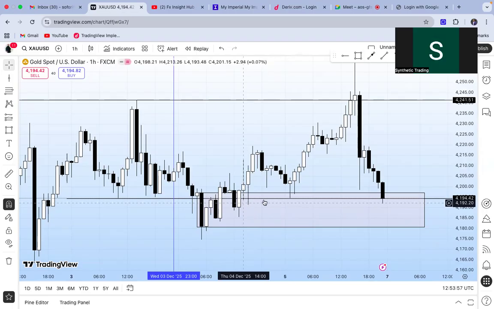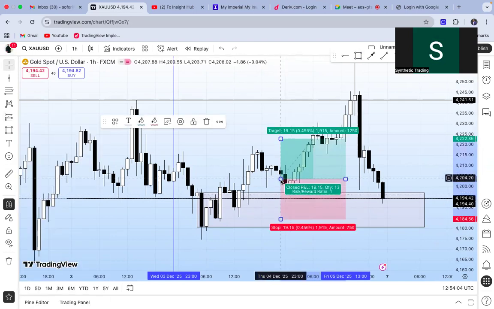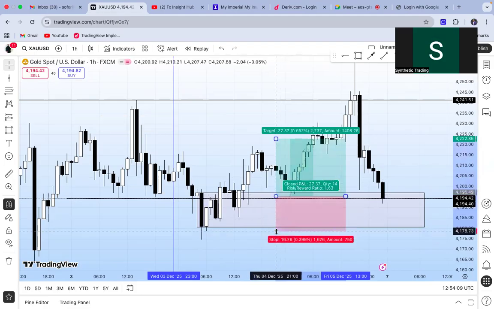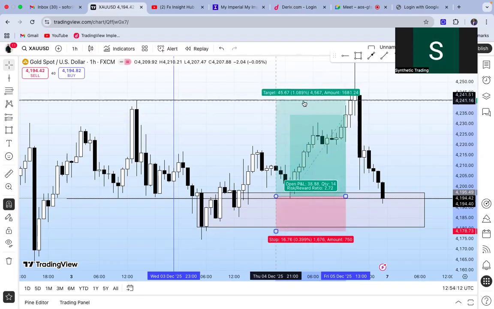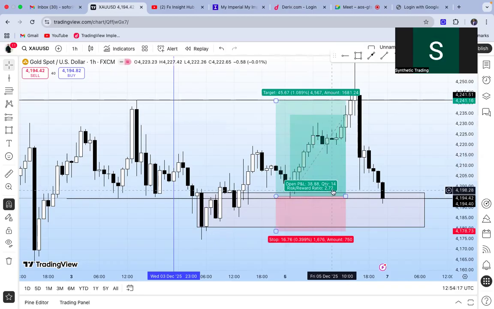I can enter here, and when I enter the trade, let's look at it. I take a long position somewhere here with my stop loss below this, and then the high is my TP. That gives us a 2.72 risk to reward ratio. It means that because we are using the 1 hour, the risk is a bit higher.